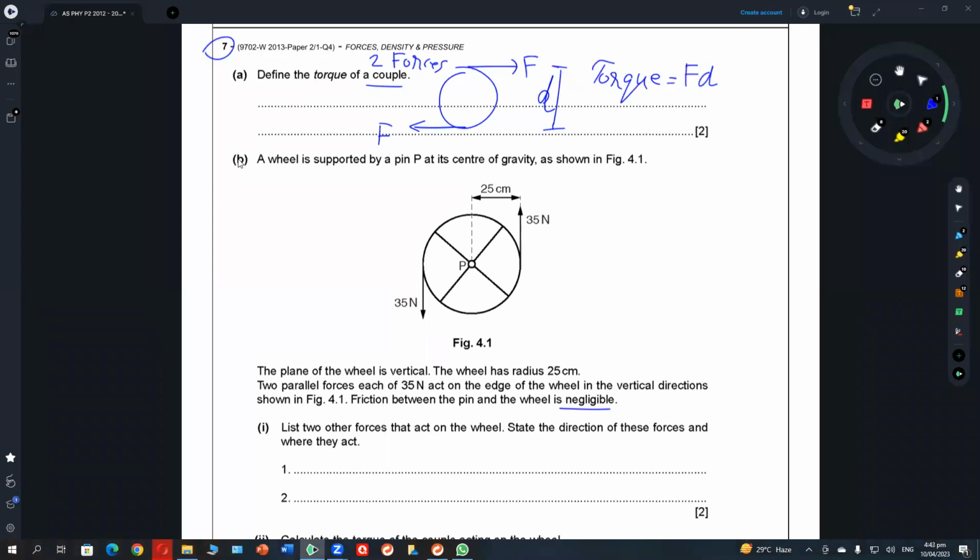One force is the weight. Weight is acting downward. So second, do you suggest one is a possible normal reaction.